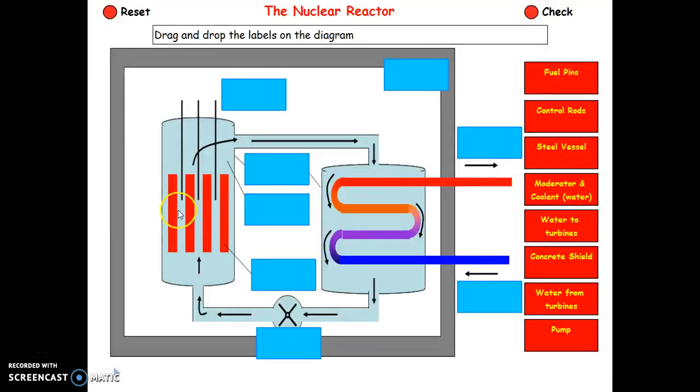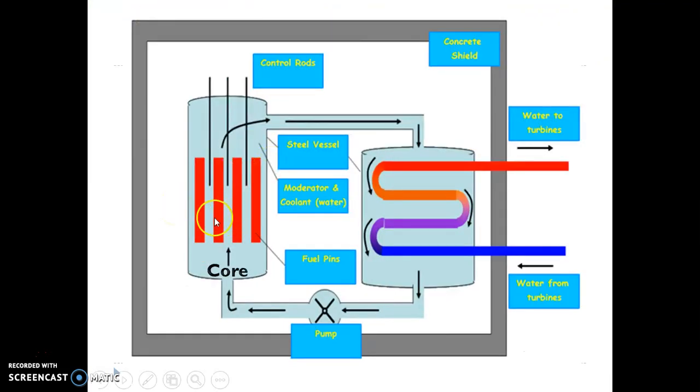These red blocks are the fuel pins, like uranium or plutonium pins, and in between two pins the control rods are there. Again, in the reactor core itself there is a moderator and coolant material. Water is used as coolant over here, and this core is made up of a steel vessel.